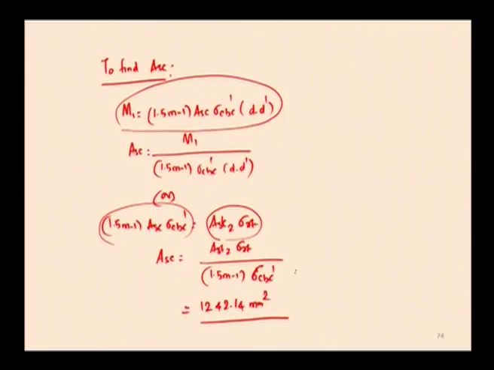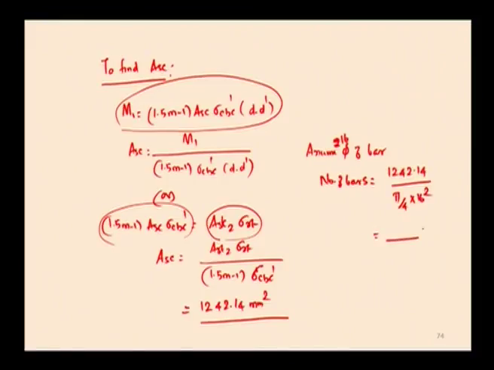At the same time, here also assume the diameter of reinforcement. I can take a 16 mm diameter bar. So number of bars is equal to 1242.14 divided by pi by 4 into 16 square.